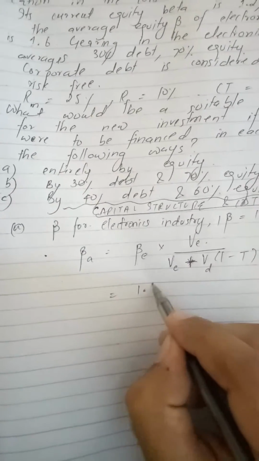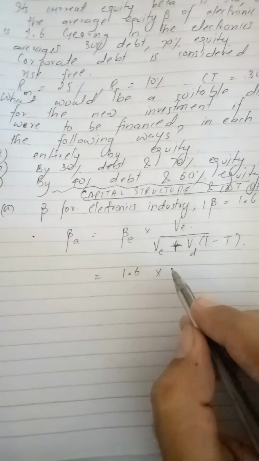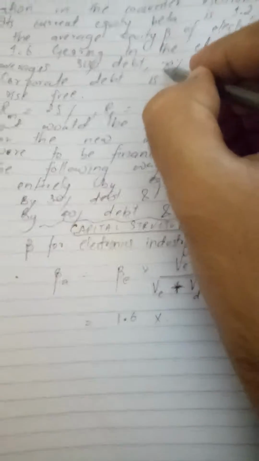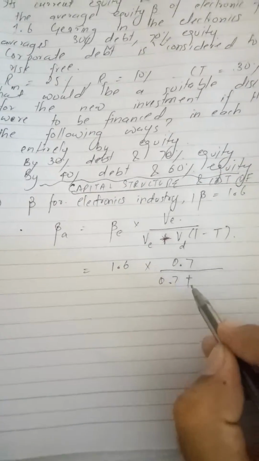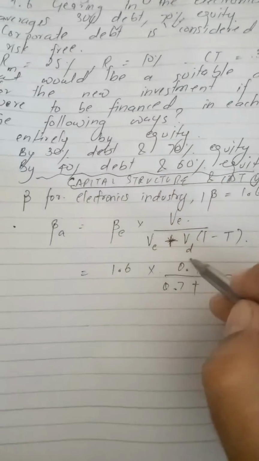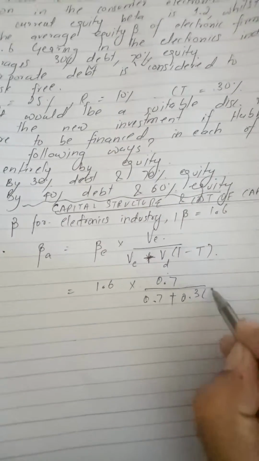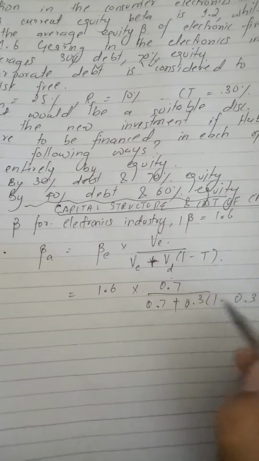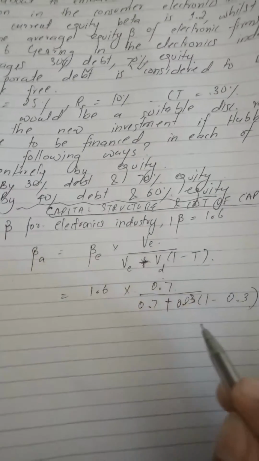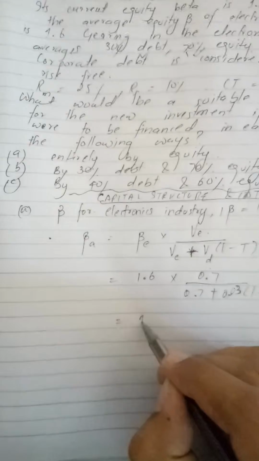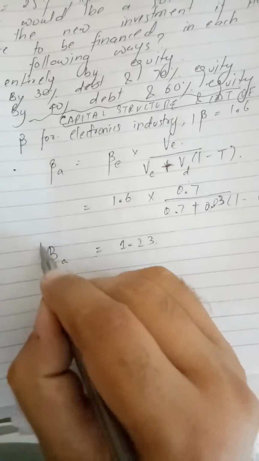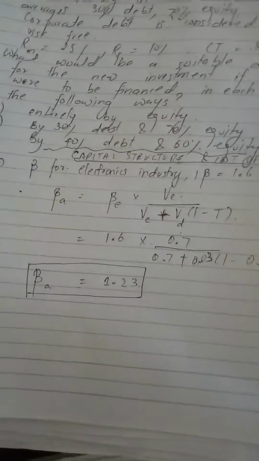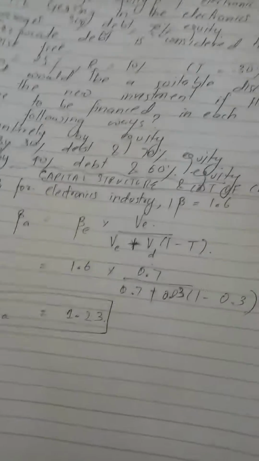Beta equity is 1.6, VE, the gearing by equity, is 70%, that is 0.7, over 0.7 plus debt at 30%, times (1 minus 0.3), that is 0.3. That gives 1.23. Beta asset is equal to 1.23.